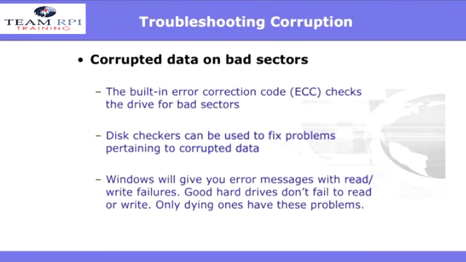So what do you do if you have corrupted data on bad sectors? The built-in ECC or error correction code checks the drive for bad sectors. Disk checkers can be used to fix these problems, and Windows will give you error messages with read-write failures. Good hard drives don't fail to read or write, only dying ones do.